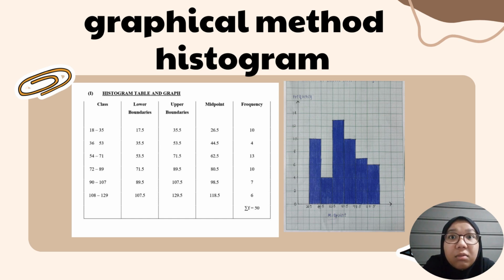For class 1 we get midpoint 20.5, second class we get midpoint 44.5, third class we get midpoint 62.5, fourth class we get 98.5. Last, the midpoint for class 6 is 180.5.